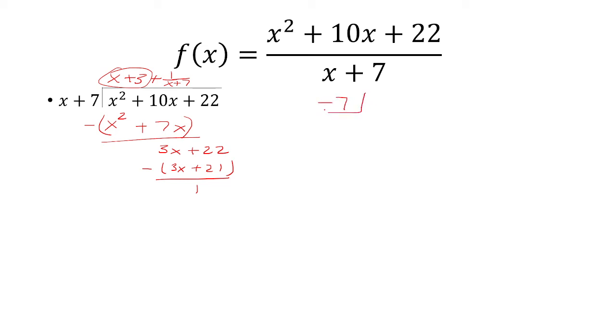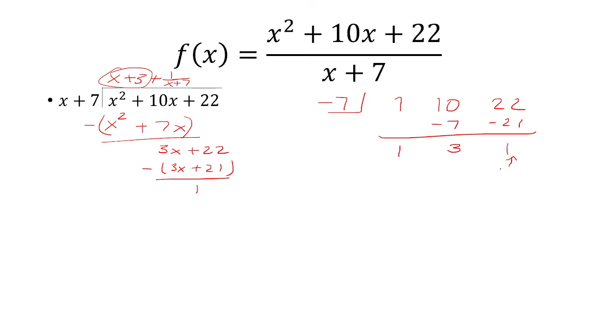We put the 0 in the corner, so if you set x plus 7 equal to 0, you get negative 7. And now you just put the coefficients of x squared, x, and the constant. You always bring down the first one. Then you do 1 times negative 7. Then 10 plus negative 7 is 3. 3 times negative 7 is negative 21. 22 plus negative 21 is 1.